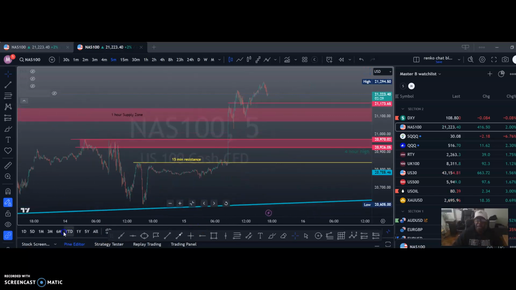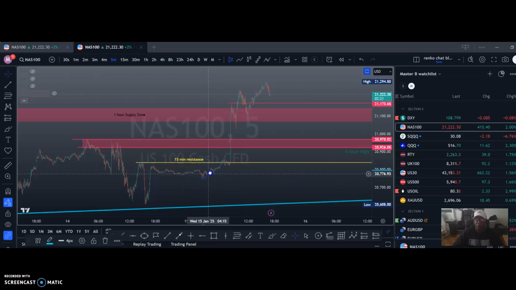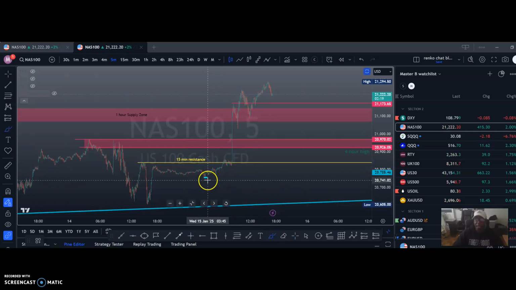So I had left off with seeing what price action was going to do here. We were looking for it to come up and test the 15-minute and go back down, but it didn't do that. That's why you have to wait and see what price action does once she gets to this level.